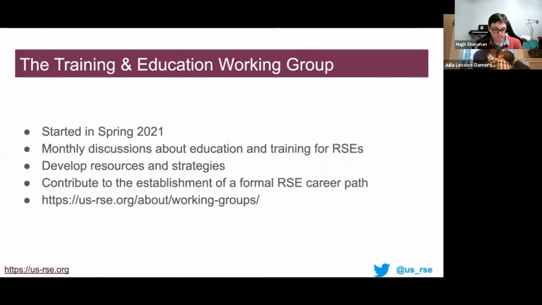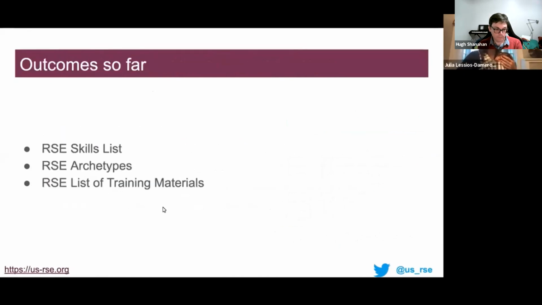So the Training and Education Working Group started in the spring of 2021. We created it to discuss issues of education and training for RSEs, with a goal to develop resources and strategies and to contribute to the establishment of a formal RSE career path. So far, we've created three outcomes of this working group.